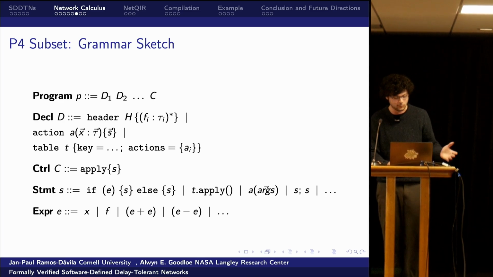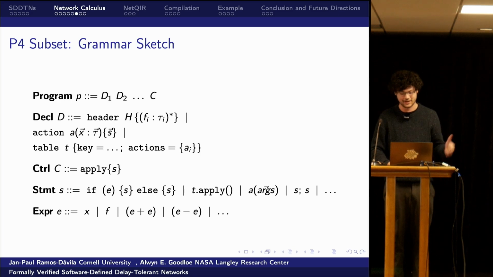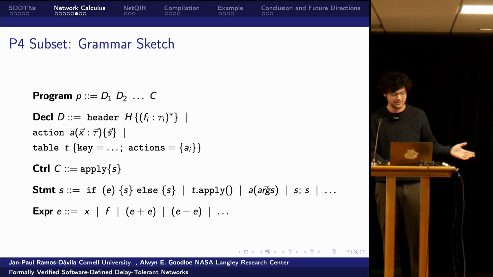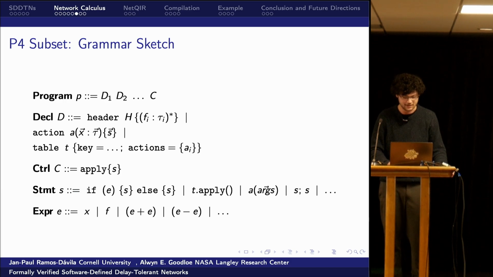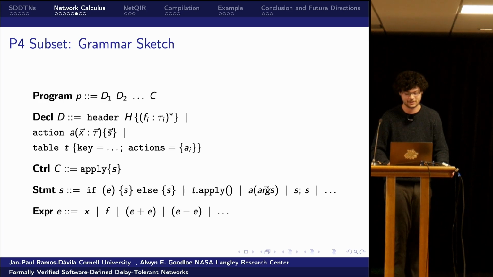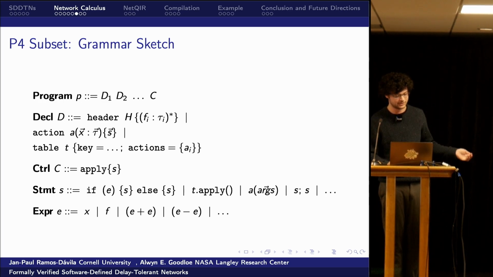And then what a declaration can have is either a header, and the header has fields with their types. We have an action definition specifying the type parameters and a body statement. And then we also have a table definition listing keys, which are either header fields or expressions, and possible actions. The actions here being if we want to send a packet, or we want to drop it, or if we just want to hold it.